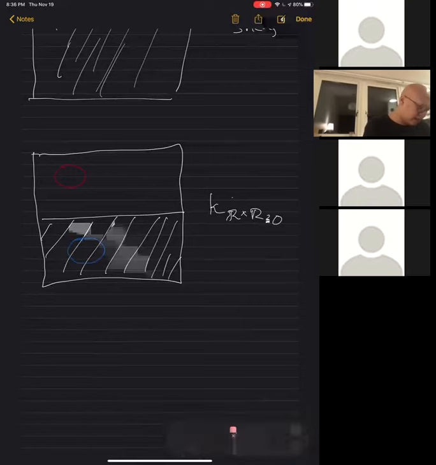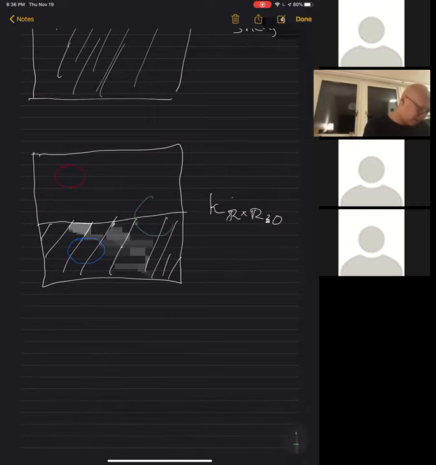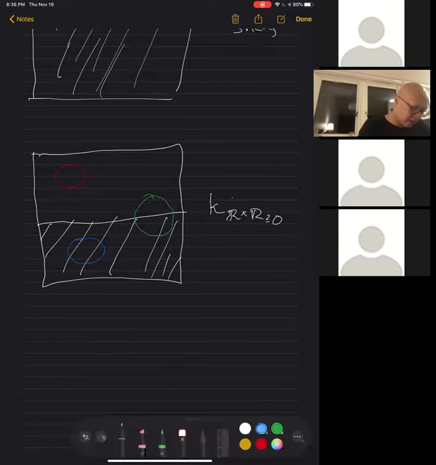And there's this green one. And we can discuss what value this sheaf takes on these open sets.